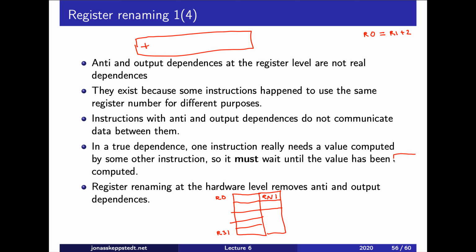Then we have the data for the rename registers. So this can be Rn0 down to Rn79 if we have 80 of them.